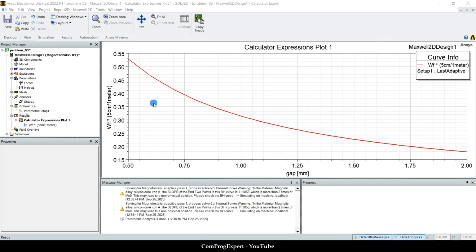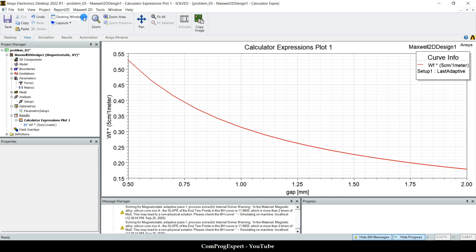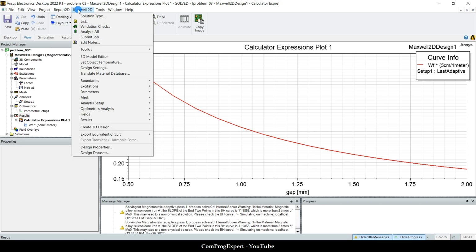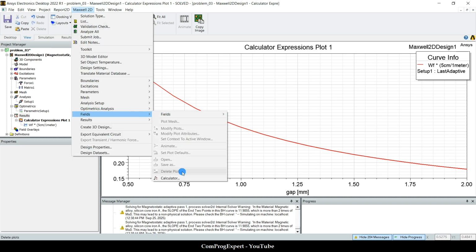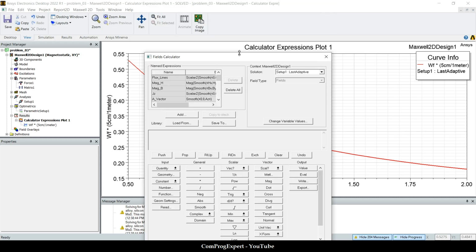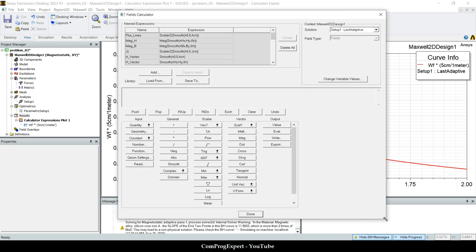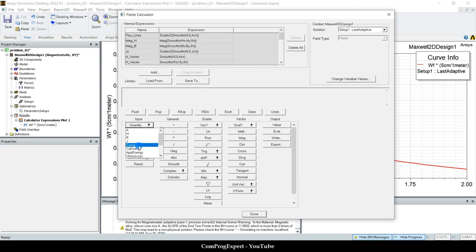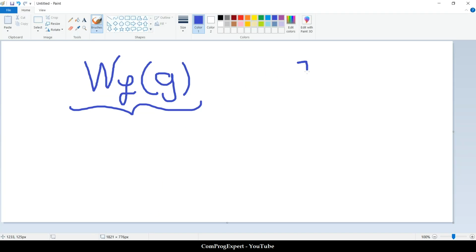Now let's calculate the co-energy variation versus the air gap. So again, from the Maxwell 2D calculator, this time we can select the co-energy. Consider that this is the co-energy density, and because we are solving a 2D problem, this is joule per meter square.